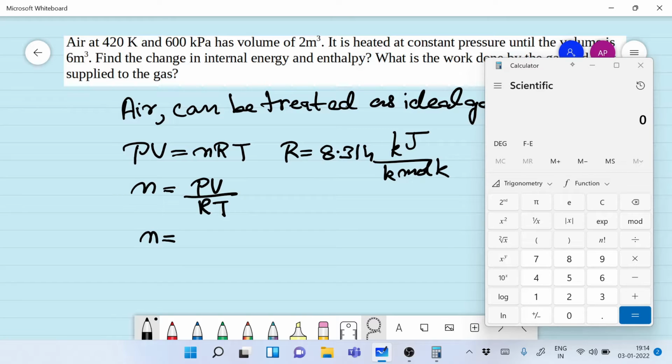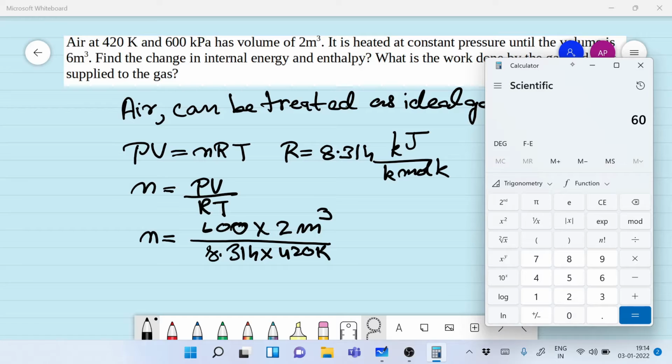So we get the value of n as 600 kilopascals into 2 meter cube divided by 8.314 into 420 Kelvin.